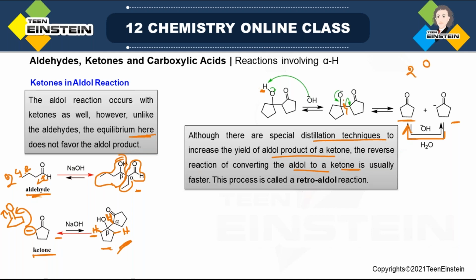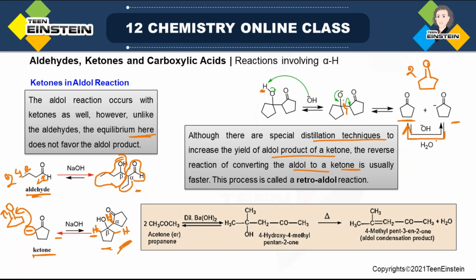So ultimately you will get 2 molecules of cyclopentanone, right? And this cyclopentanone in presence of HO minus can again generate this carbanion. So there are 2 arrows, HO minus and H2O. It can convert to each other, right? But this is retroaldol.